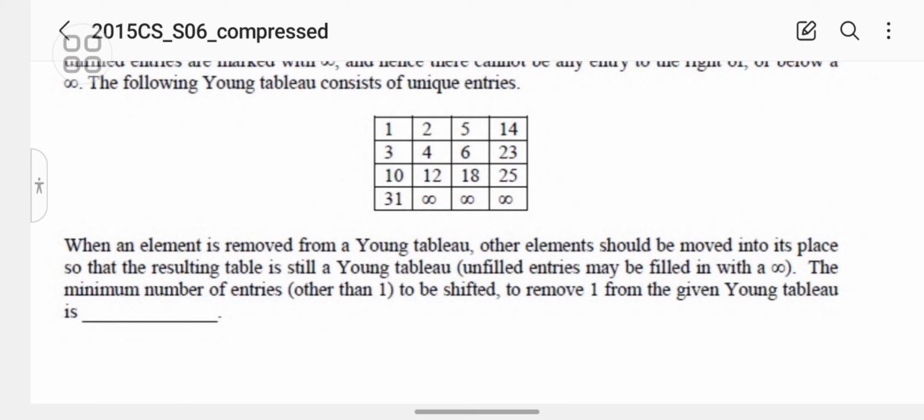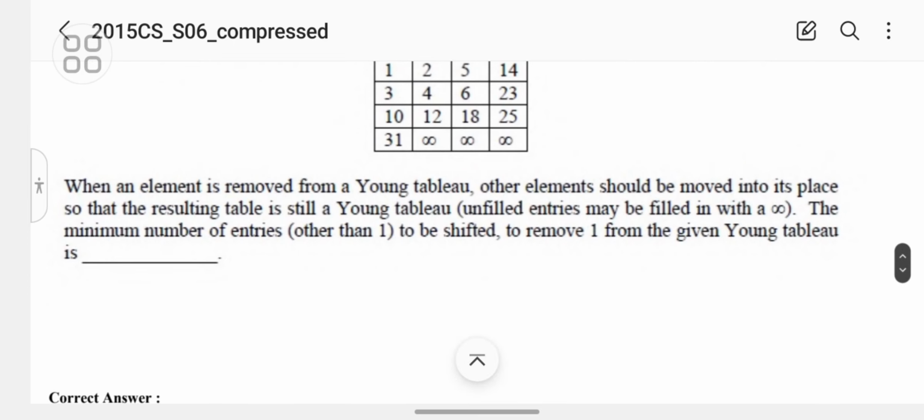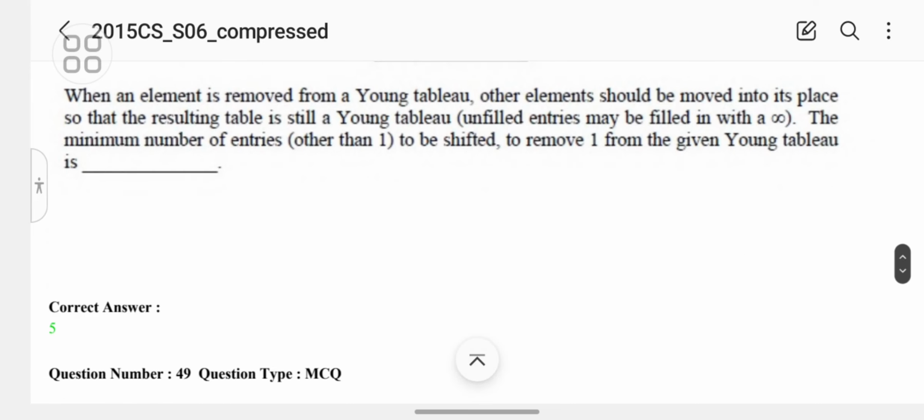When an element is removed from the Young tableau, other elements should be moved into its place so that the resulting table is still a Young tableau. Unfilled entry may be filled in with infinity, the minimum number of entries other than 1 to be shifted to remove 1 from the given Young tableau is what? So for this our answer will be 5.